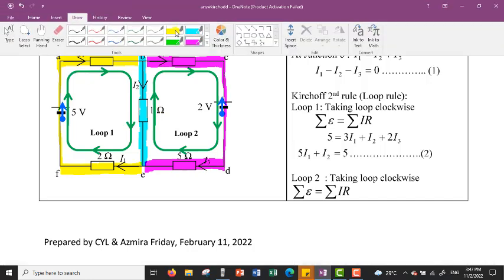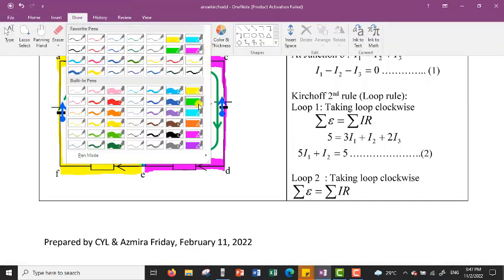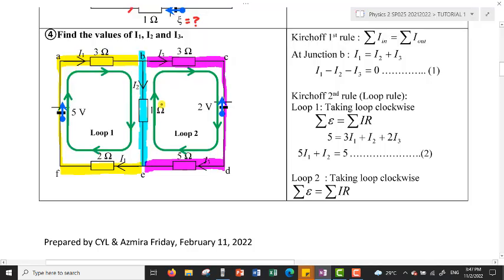When you color each circuit path with a different color, you can see very obviously that I1 will flow through the 3 ohm resistor and also the 2 ohm resistor here. For the 1 ohm resistor, the current that flows through it is I2, and I3 will flow through the 3 ohm resistor and also the 5 ohm resistor at the bottom here.